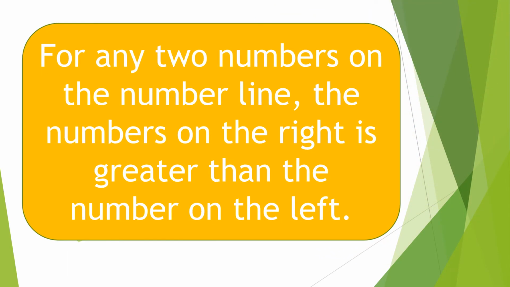For any two numbers on the number line, the number on the right side is greater than the number on the left side. I repeat, on the number line, every number that is placed on the right side is greater than the number that is placed on the left side.